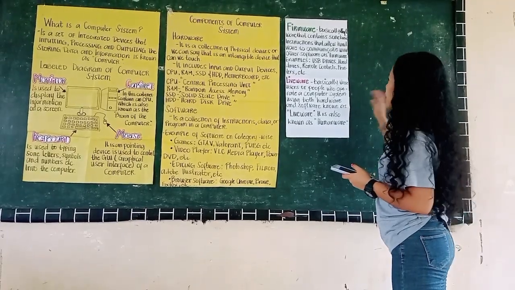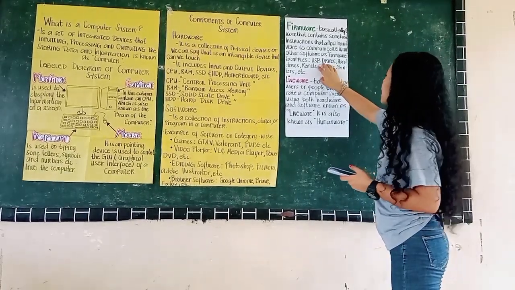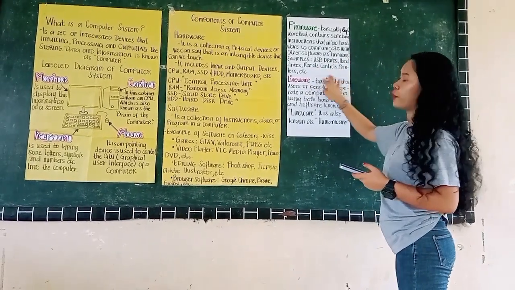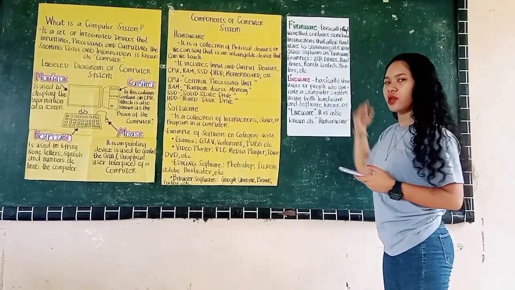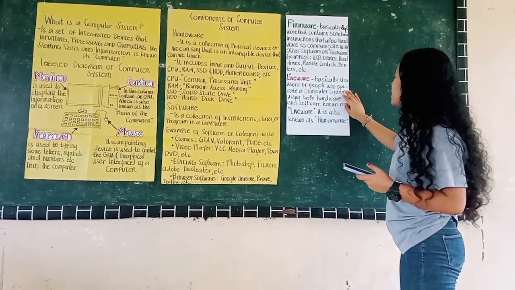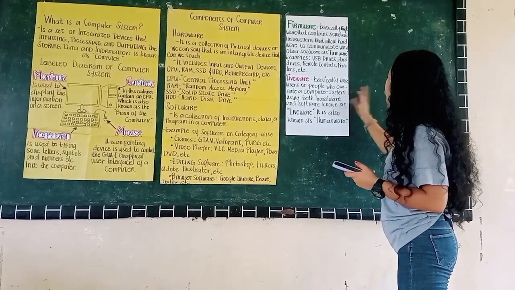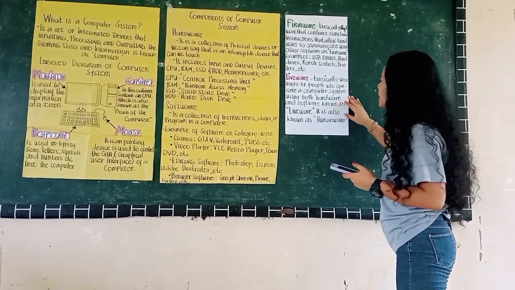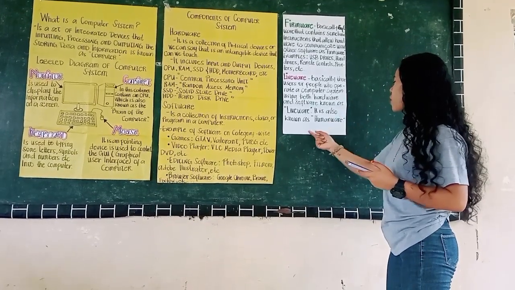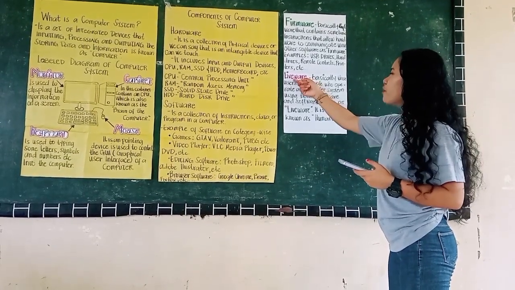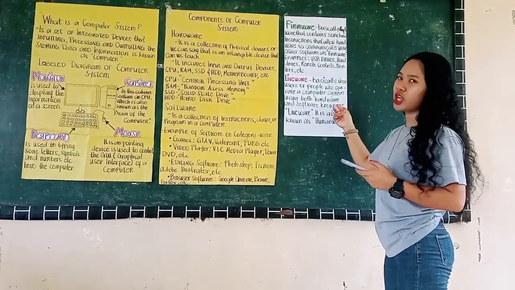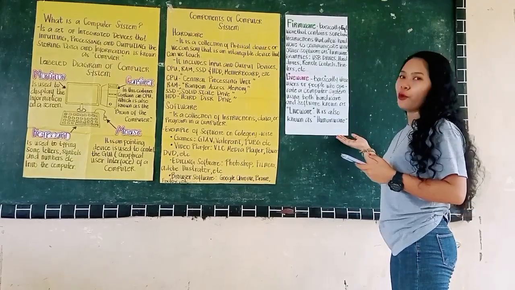Like for example, USB drives, the hard drives, the remote controls, and the printers, and many more. You can already understand that. So, next is liveware. Basically, those users or people who operate a computer system using both hardware and software are known as liveware. It is also known as humanware. When we say liveware, yung mga taong nag-ooperate sa computer, yan yung tinatawag na mga humanware.